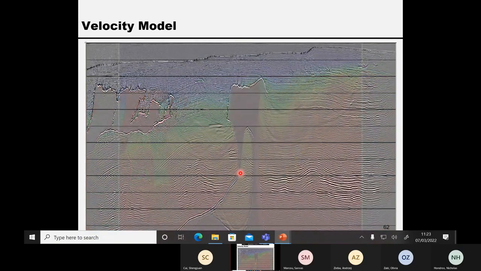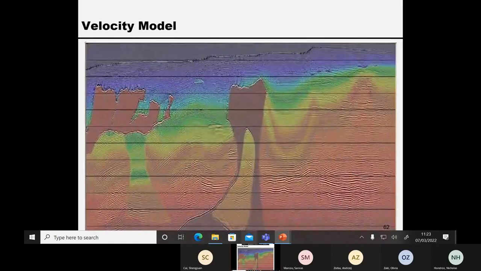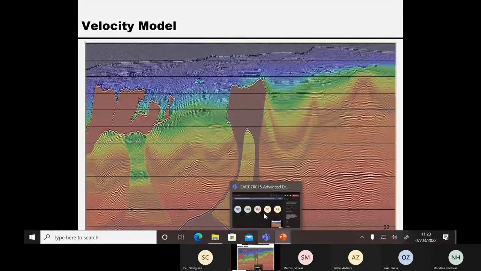So this also gives us an indication that we do need a good geological interpretation for the velocity model before we do migration, right? You see very clearly, that's the RTM.